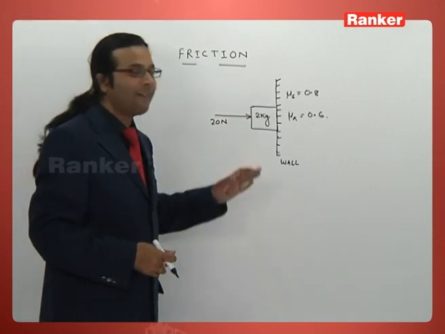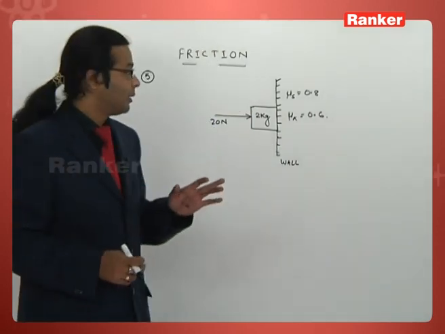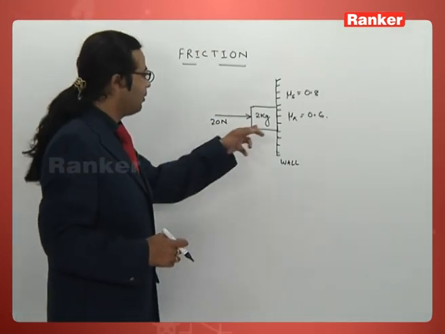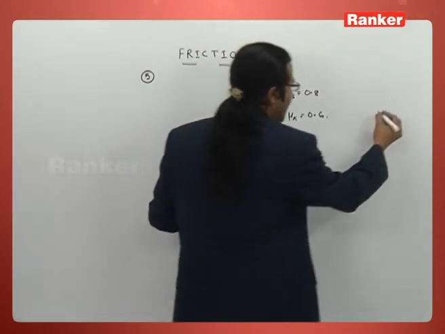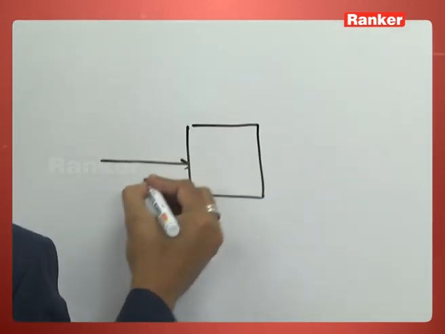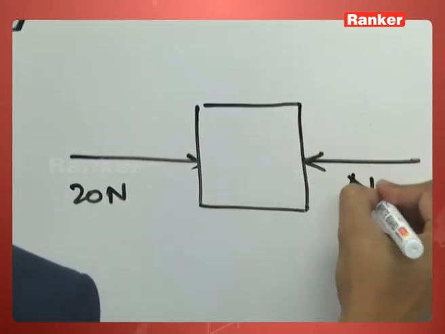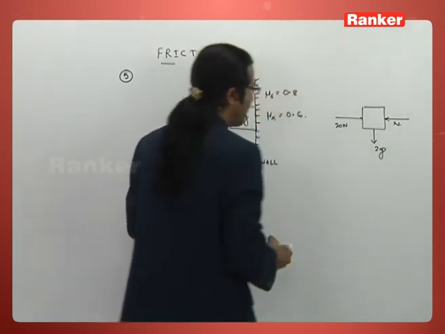Don't always have a misconception that normal force is always equal to mg. Normal force can be anything. So here, if I make a free body diagram on the 2 kg block, what are the forces acting? Obviously this 20 Newton is acting like this. Normal force is like this, and obviously gravity will be there, that is 2g.